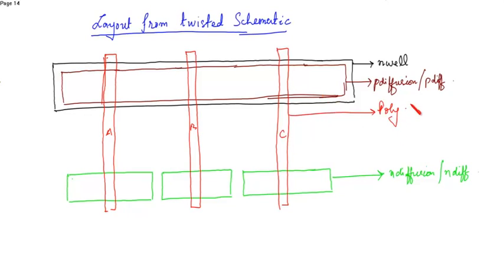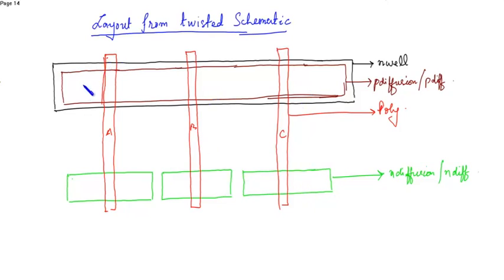Now after drawing the gate terminal, next you have to find the source. So this is the first PMOS NMOS. This is the second PMOS NMOS. This is the third PMOS and NMOS.